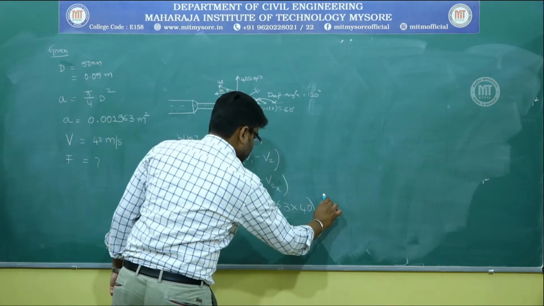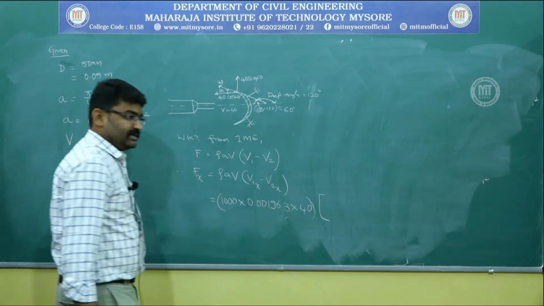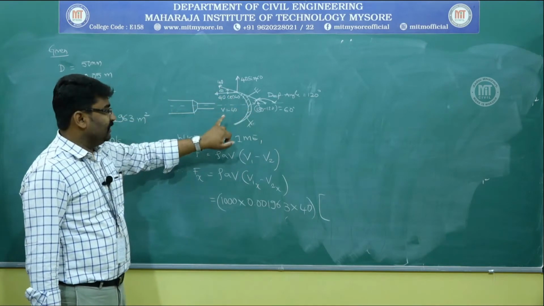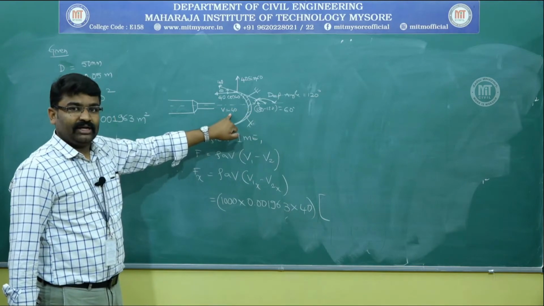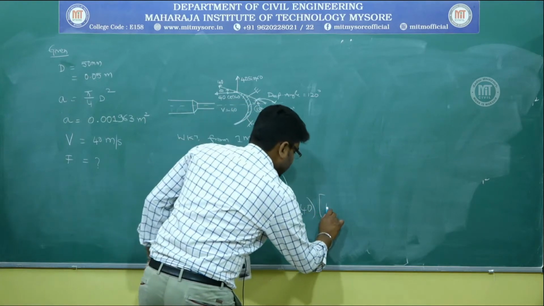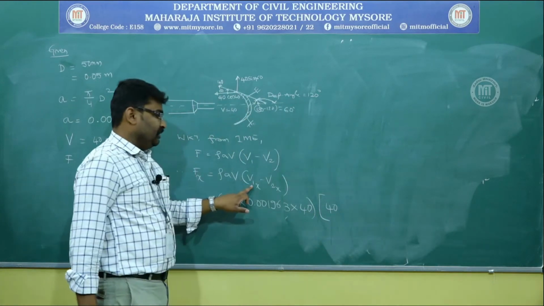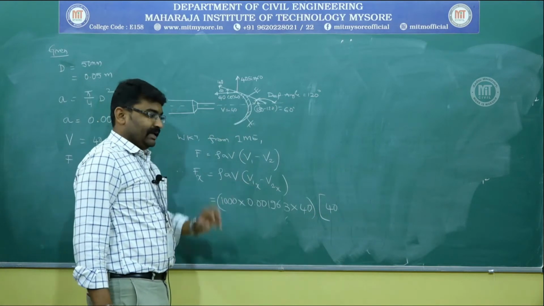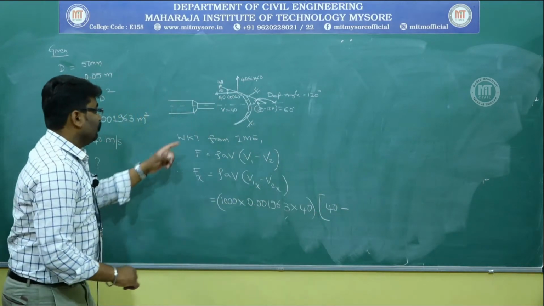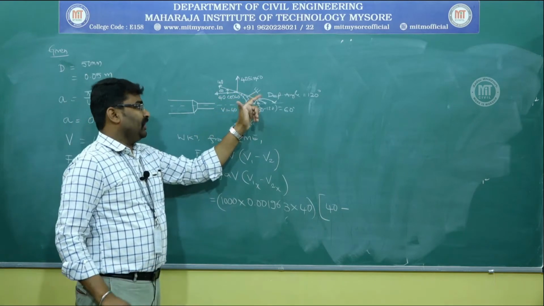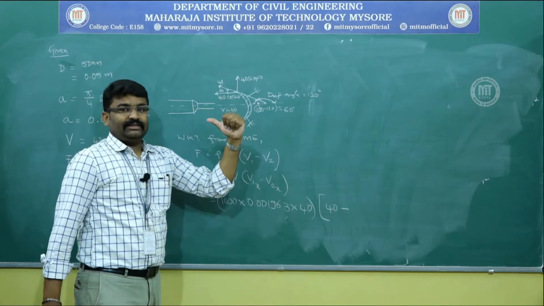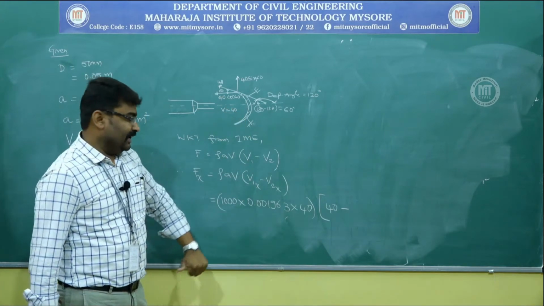So whole multiplied by what is v1 in x direction. v1 in x direction is nothing but your initial velocity, which is in pure horizontal direction, and in magnitude it is equal to 40 meter per second. So v1 is 40 meter per second in x direction minus what is v2 in x direction. v2 in x direction, from the diagram you can observe, is 40 cos 60 in magnitude, but in direction it is in negative x direction.